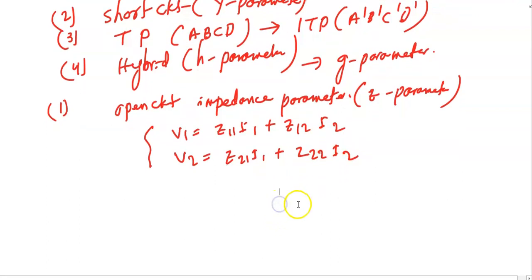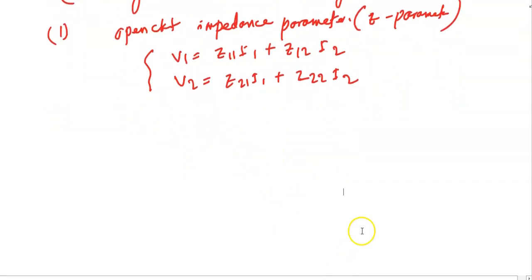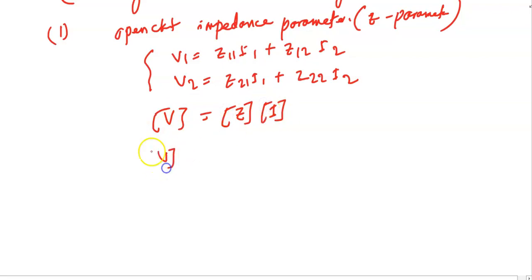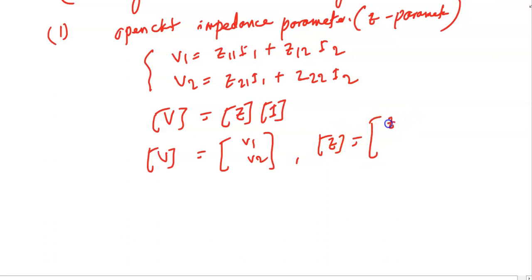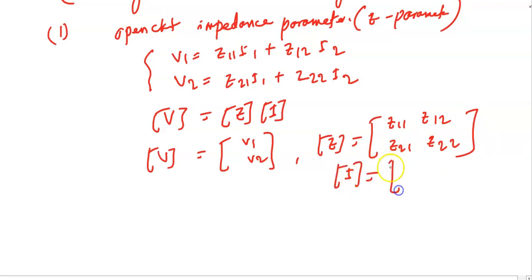Or in matrix form I can write V equal to Z I. So V is a column matrix, that is V1, V2, then Z is a 2 by 2 square matrix with Z11, Z12, Z21, Z22, and I is again a column matrix, that is I1, I2.